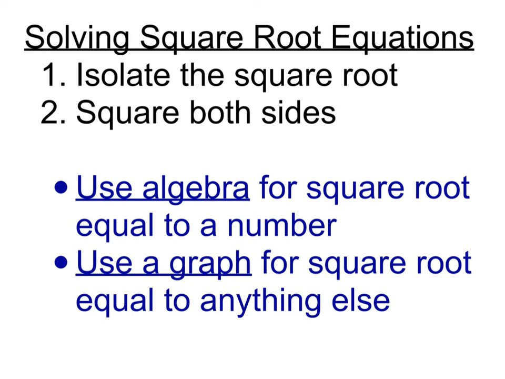So for instance, if I had the square root of x equals the absolute value, even with all the numbers in there, I would want to solve that by graphing. If I had the square root of x equals something involving x squared, I'd want to do that one by graphing it. Because there are some layers of complexity that come up in some of these other scenarios, which we just aren't dealing with yet today.